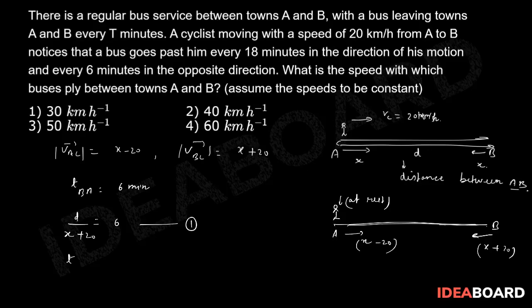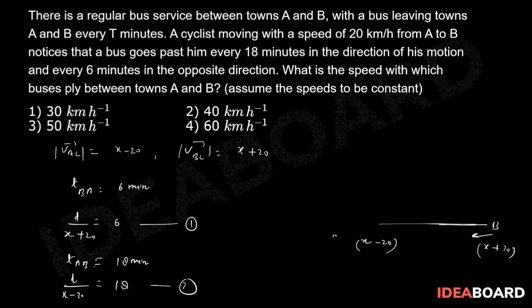And similarly TAB, so buses from point A go up to the cyclist, we can assume that it takes 18 minutes. So this can be defined as D divided by x minus 20. So in this we have adjusted the velocity of the cyclist. Now what you need to do is solve these equations.